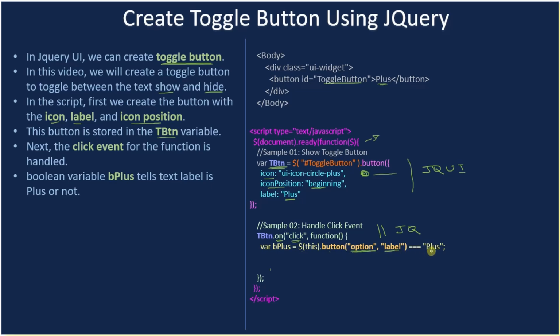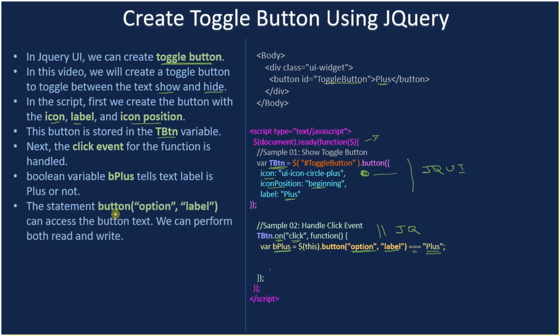Here we are retrieving the label and checking whether the returned label is a plus. This is the comparison operator, right? And if it returns plus, we are setting that inside a variable. This is a Boolean variable. If the content is plus, this will be true. If the content is not plus, this will be false. So bPlus will tell whether the button is showing plus as its label.